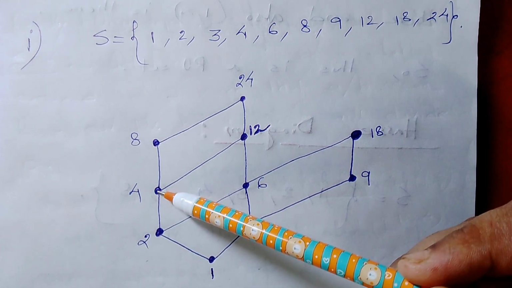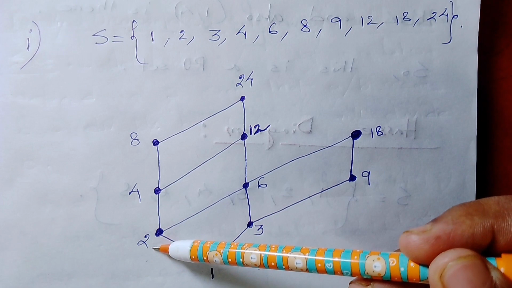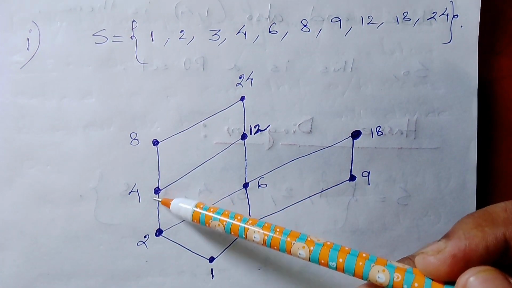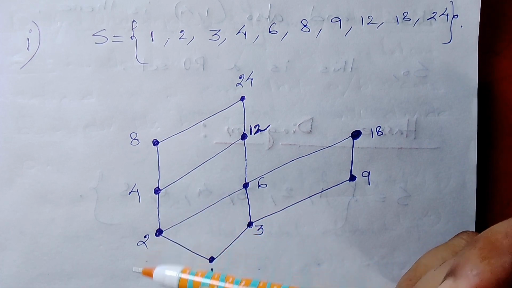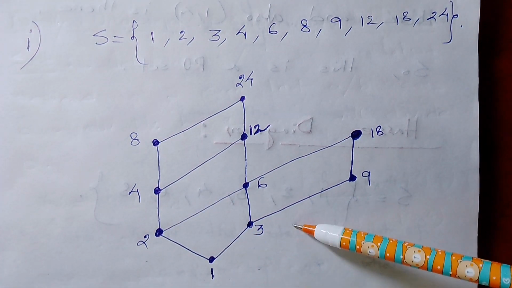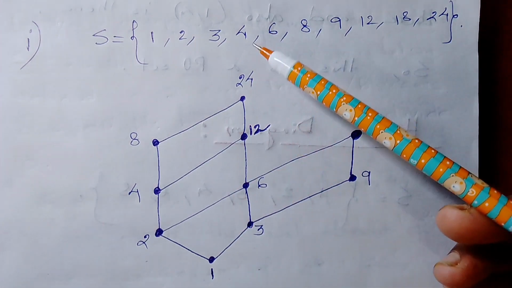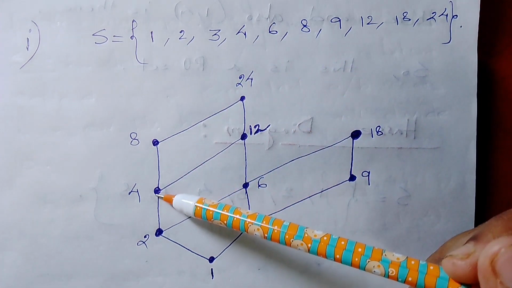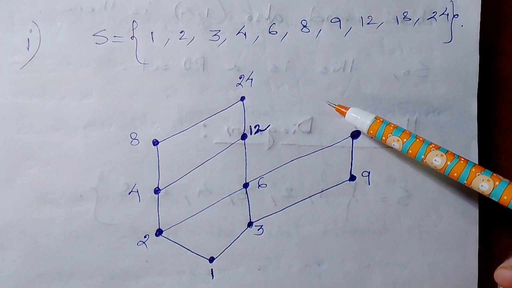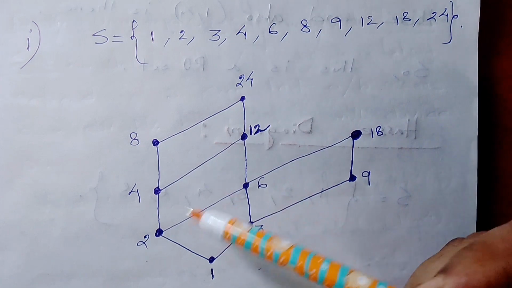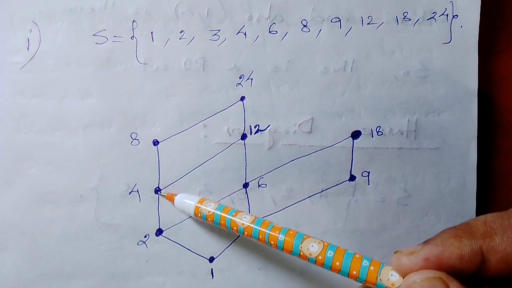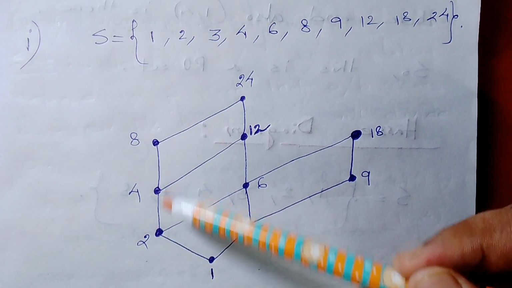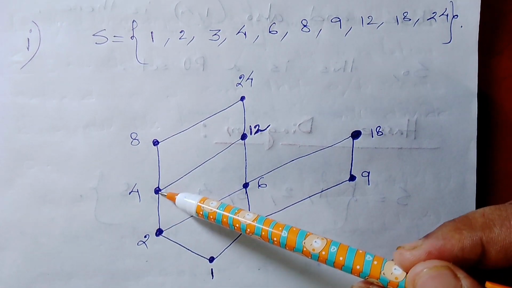Then we will check the top elements, the last top elements, as there is any relation to the present vertex or not. So 2 divides 4. So we will draw an edge joining 2 to 4.